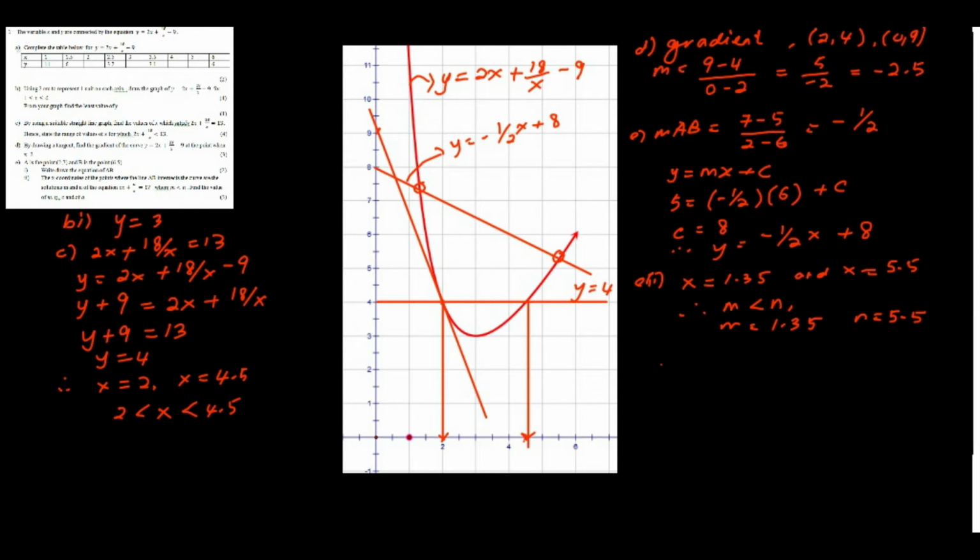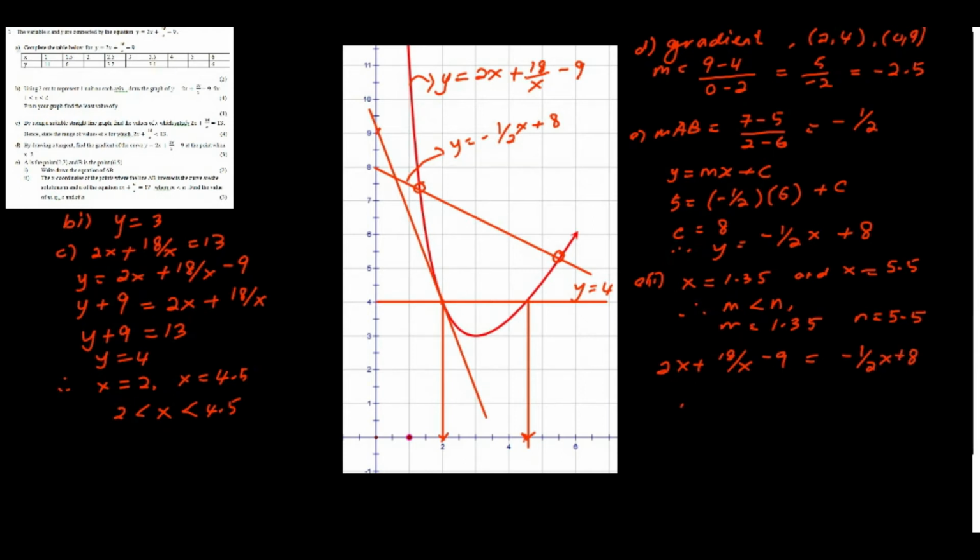Actually it's the intersection of these two graphs. So that means 2x plus 18 over x minus 9 equals negative half x plus 8.